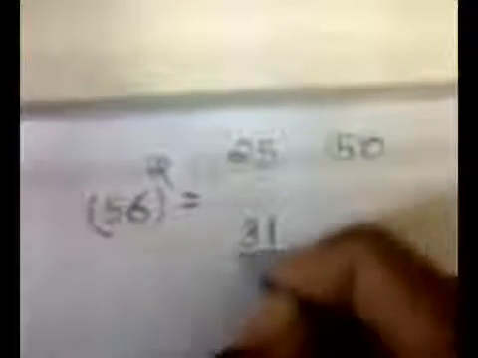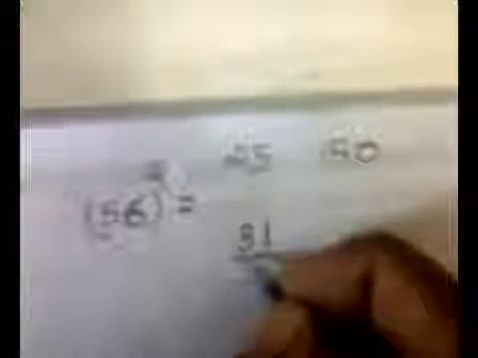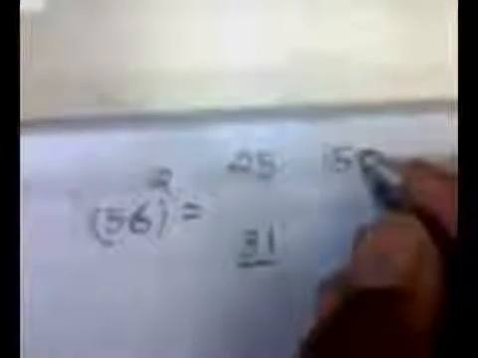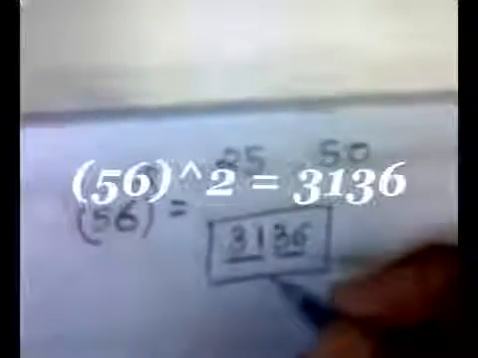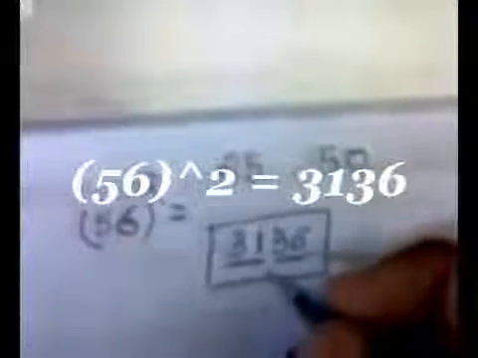So we get our first two digits of the answer. And the difference between 56 and 50 is 6, and what is the square of 6? It's 36. So we got the second half of our answer. So our answer is 3136. Yes, this is the square of 56.